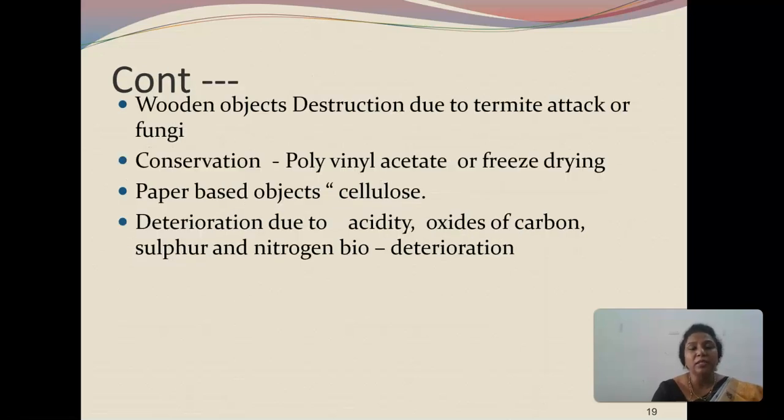A wooden object can be destroyed by termite attack and fungi. So polyvinyl acetate or the freeze drying method is used to preserve it. For paper based objects, cellulose is used to preserve them.